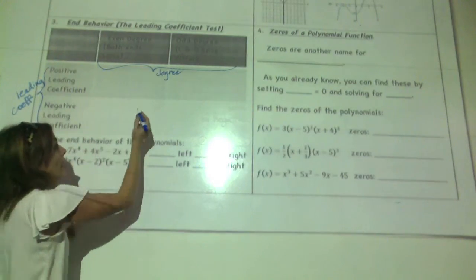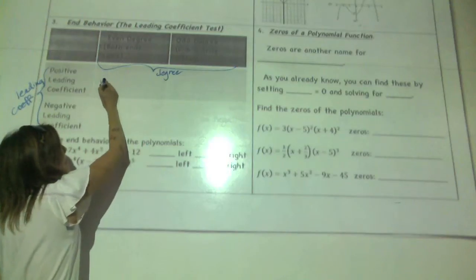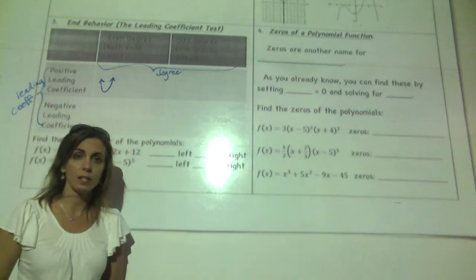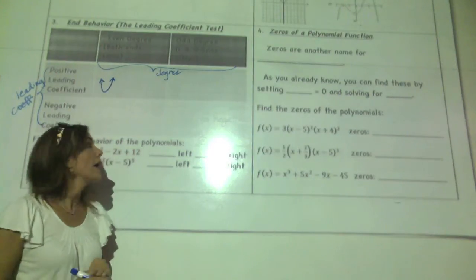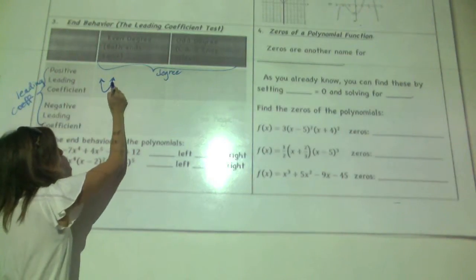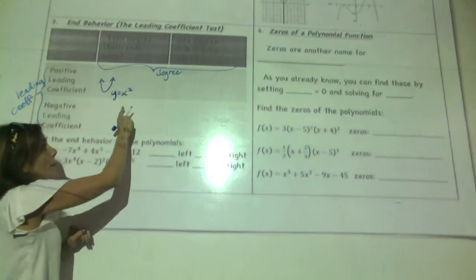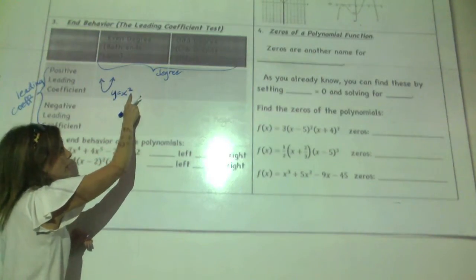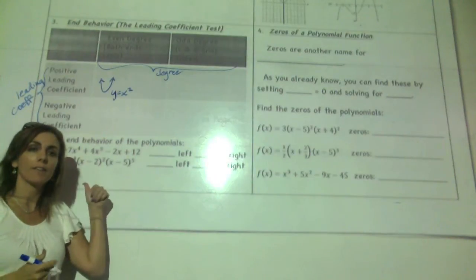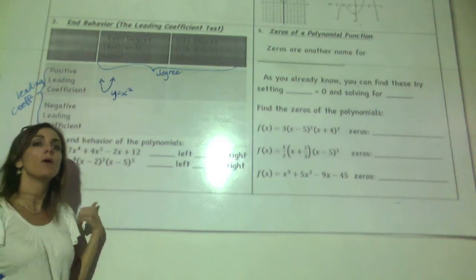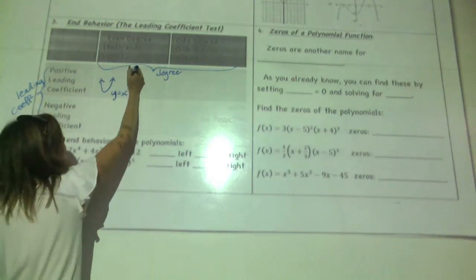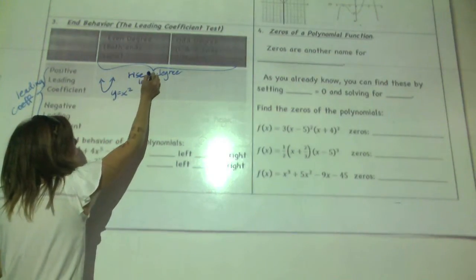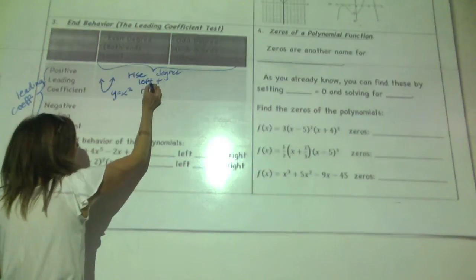We know that our quadratic function, our base quadratic function, looks like this. And this is y equals x squared. A positive leading coefficient and an even degree. Well, what's happening on the left end and the right end? Both of them are rising. So we have rise left and right.